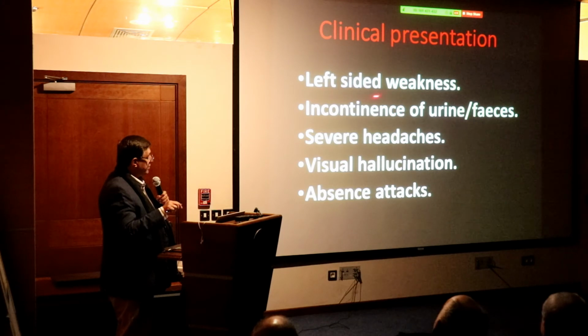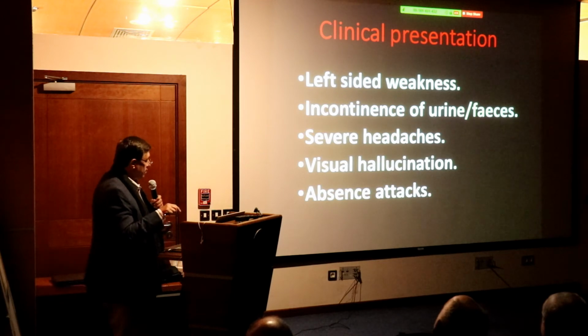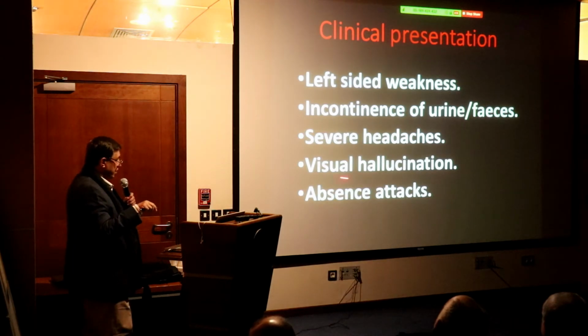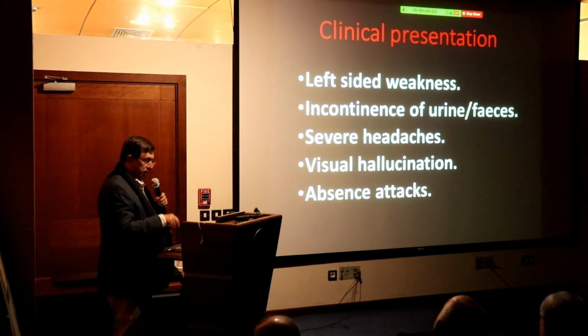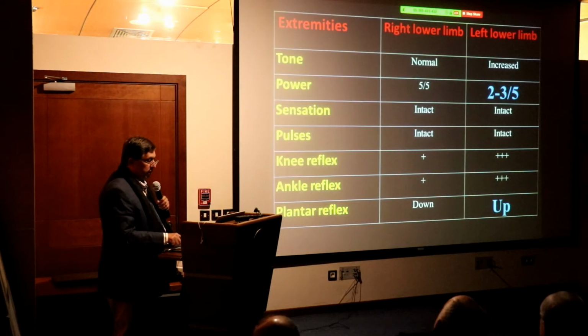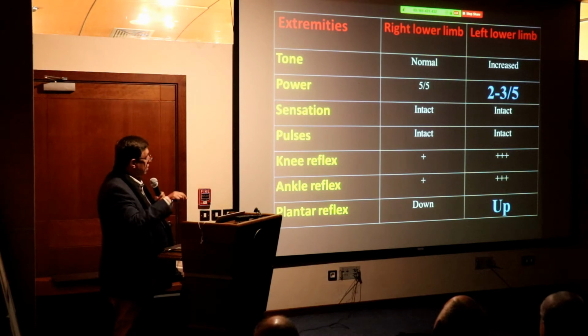She also developed left-sided weakness. She was incontinent of urine and feces. She got bouts of severe headaches, started having visual hallucinations, which are epileptogenic in nature, and absence attacks. So she had epilepsy too. Examination. This is lower limbs. She had weakness, 2 to 3 over 5, and plantar response was upgoing.